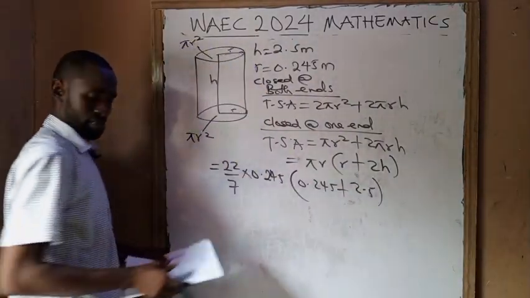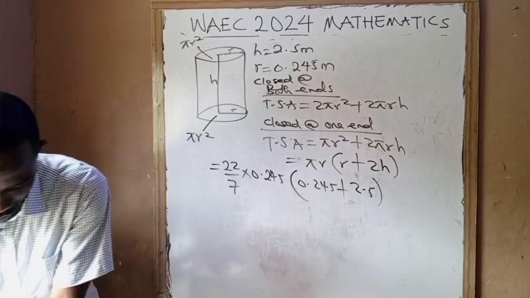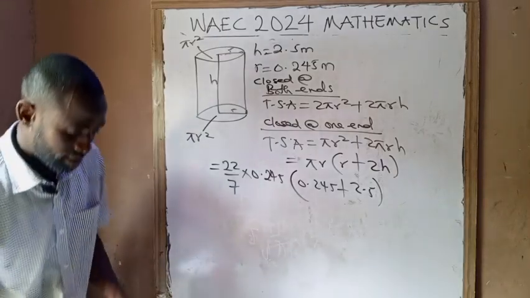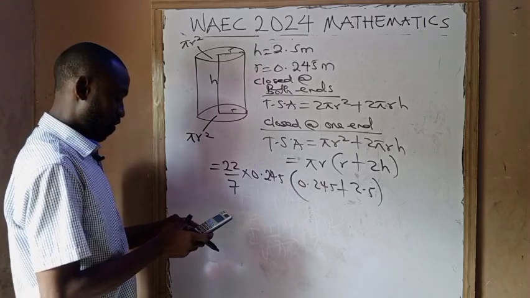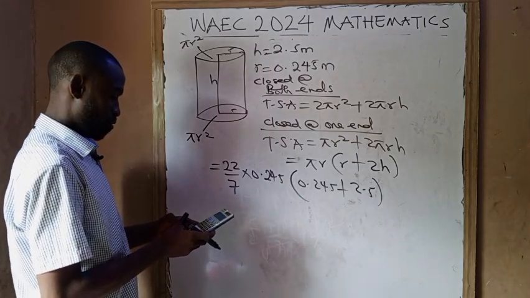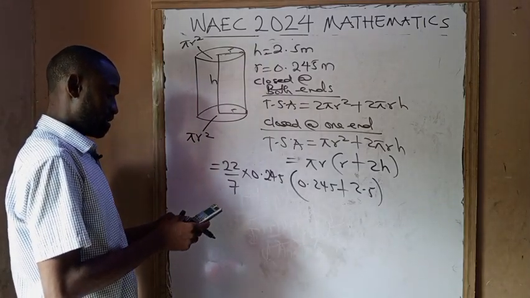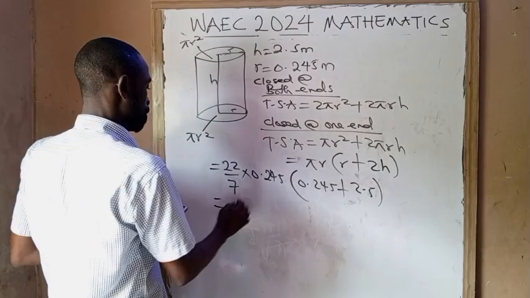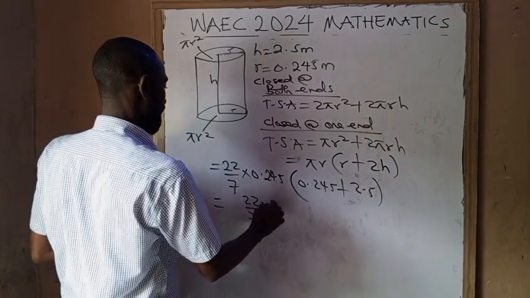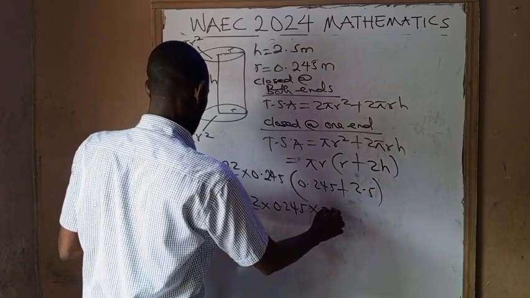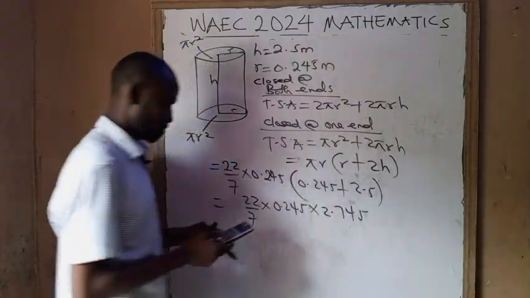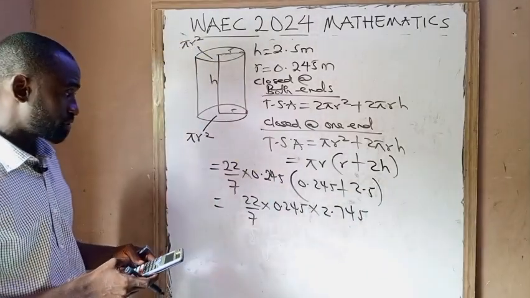So let us add this and multiply everything. 0.245 plus 2.5 gives us 2.745. So we have 22/7 times 0.245 times 2.745.